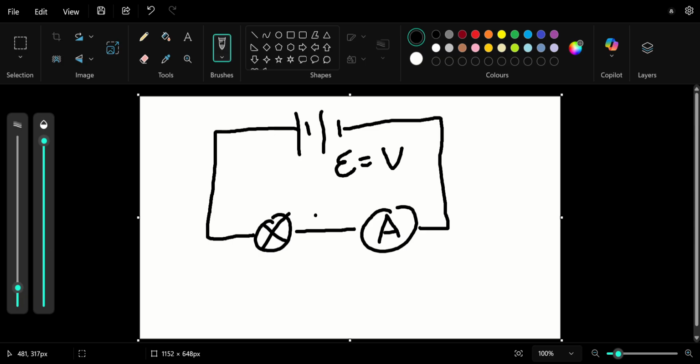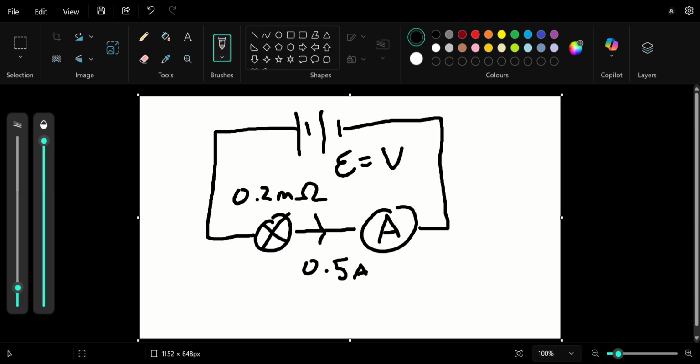However, we do know the current going through the circuit. It was recorded to be 0.5 amps, and we know the resistance of the filament lamp, which was recorded to be 0.2 milliohms. You can pause the video to answer this question again.